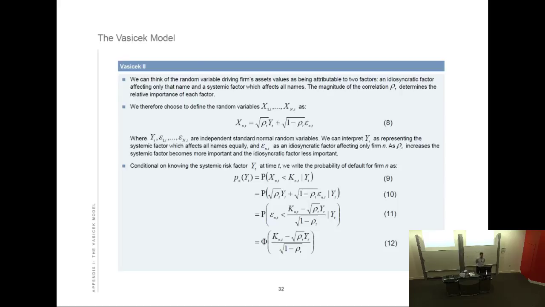And the higher your correlation parameter rho in equation 8, the bigger the impact of the market factor on defaults. Okay, so far so good.